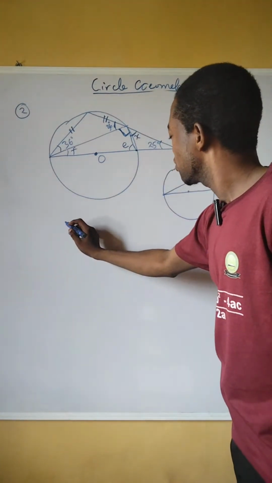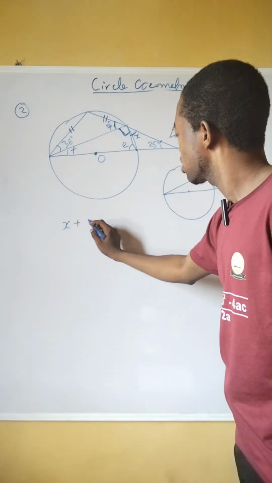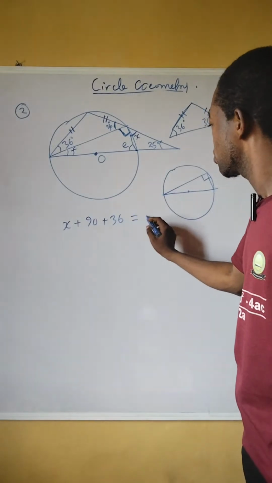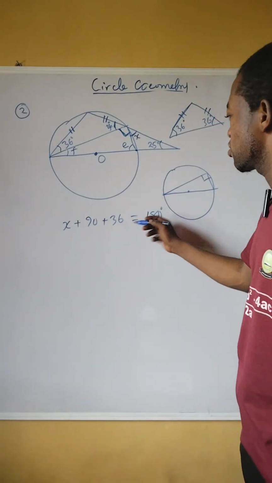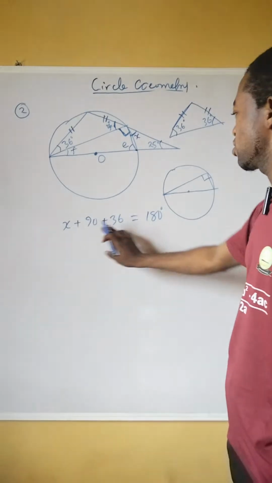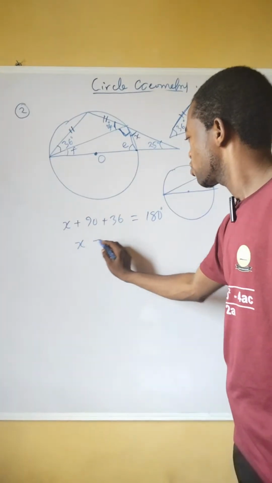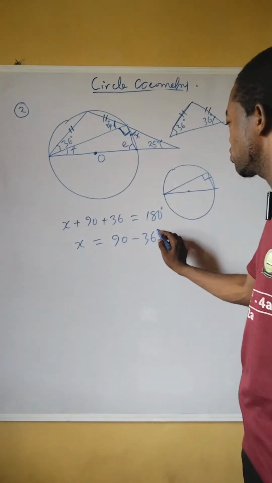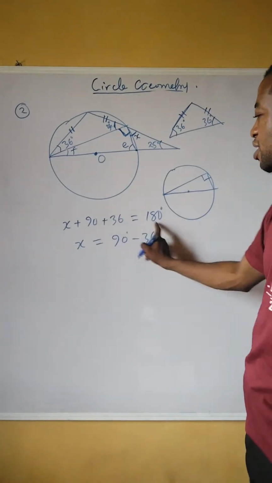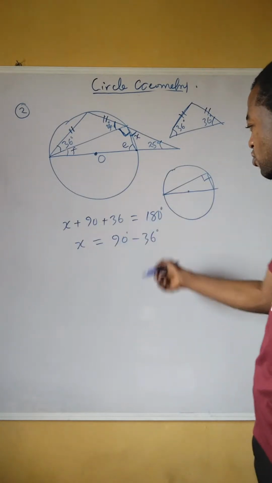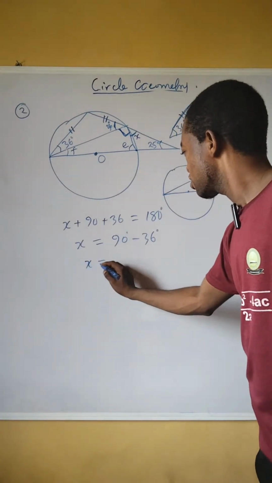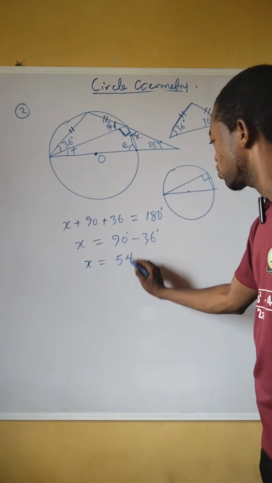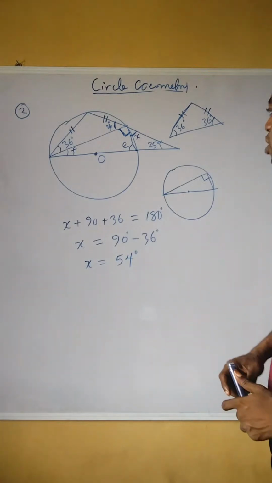That means x plus 90 plus 36 equals 180 degrees, which makes x equals 90 minus 36. Taking 90 from 180, that's 90. So 90 minus 36, x equals 54 degrees.